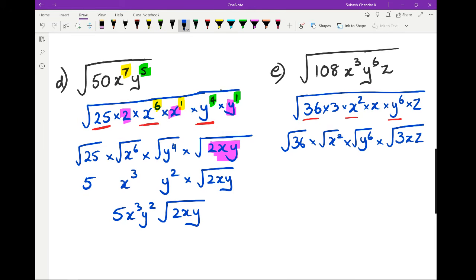Once I do this, square root of 36 is 6, square root of x squared is x, square root of y6 is y cubed, and that's multiplied by square root of 3xz. Friction, that should not have an x squared, it should be x by itself, because square root of x squared is just x to the power of 1.